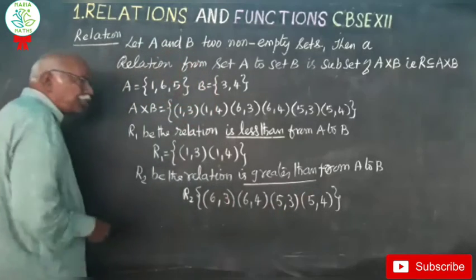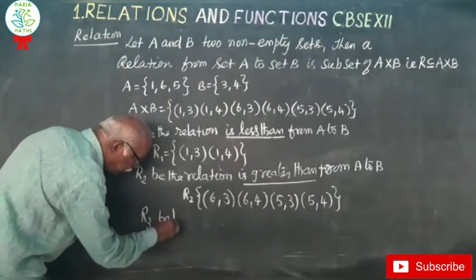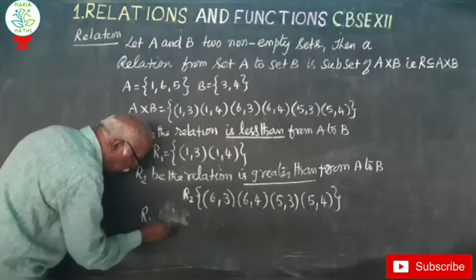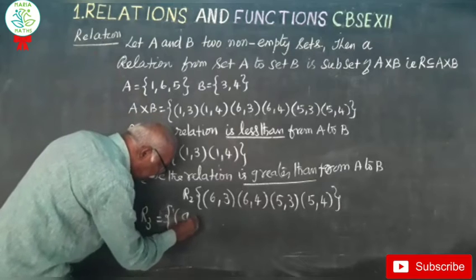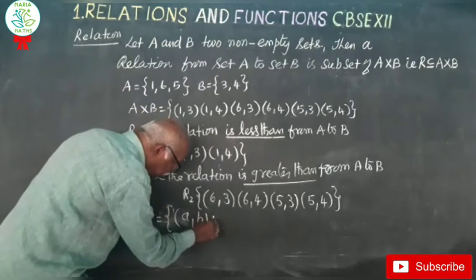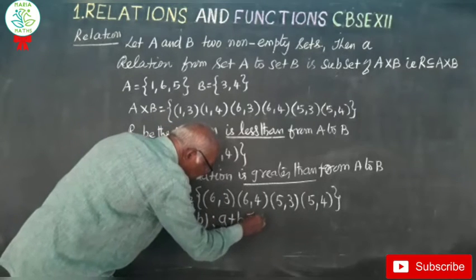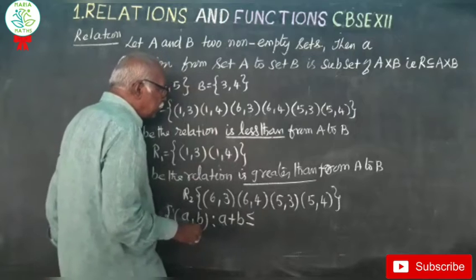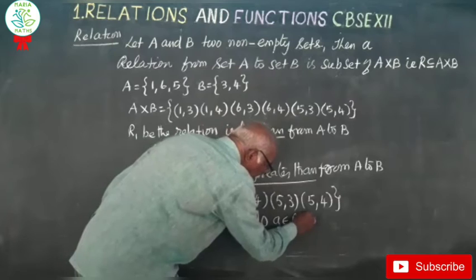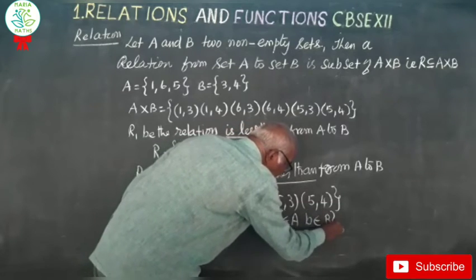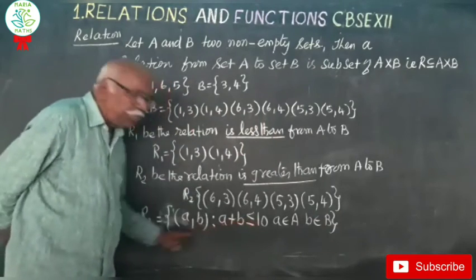I can form one more relation. R3 be the relation. R3 equal to the set of ordered pairs (a, b) such that a plus b is less than or equal to 10, where a belongs to capital A and b belongs to capital B. This is set builder form.